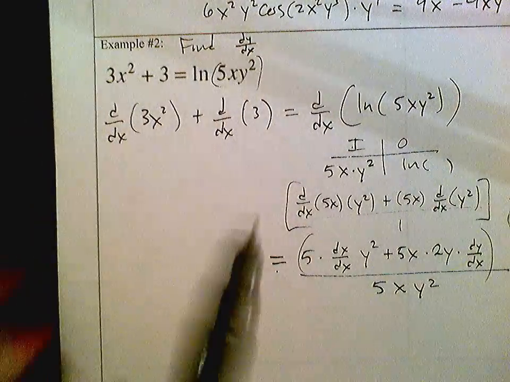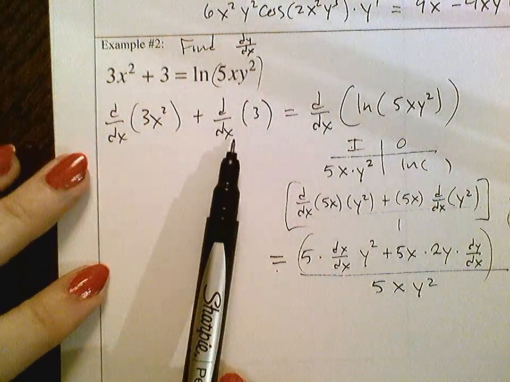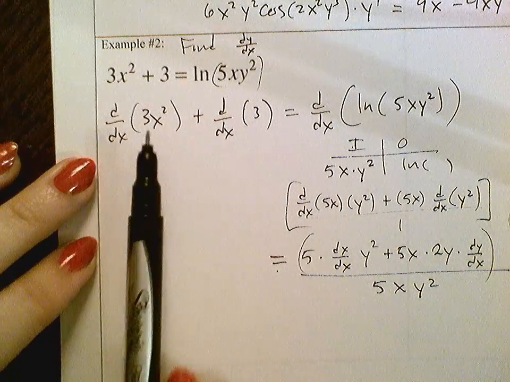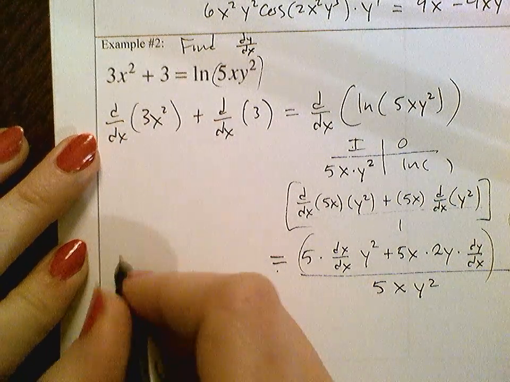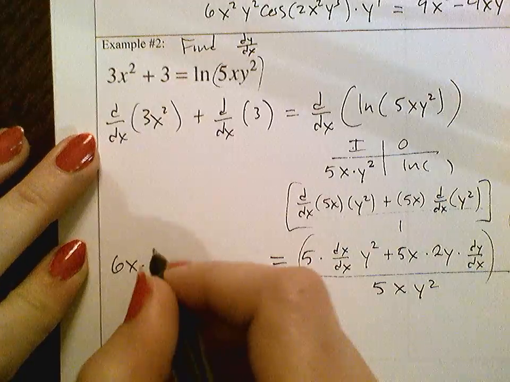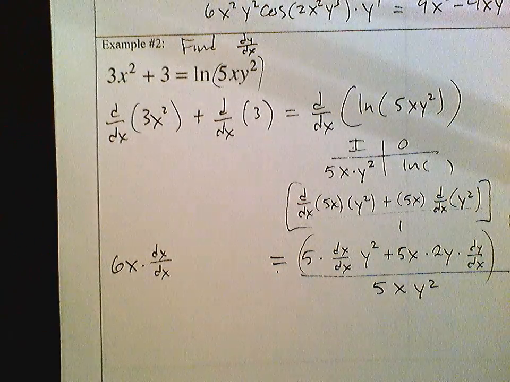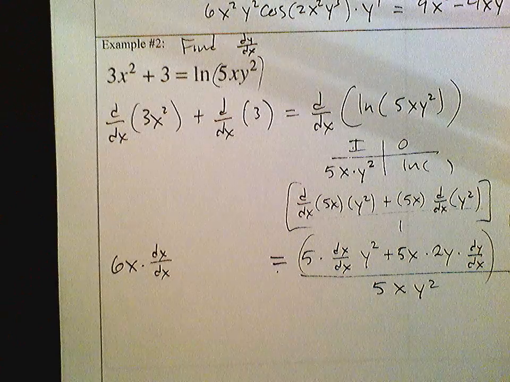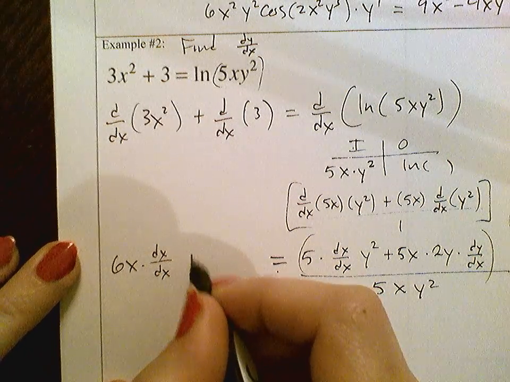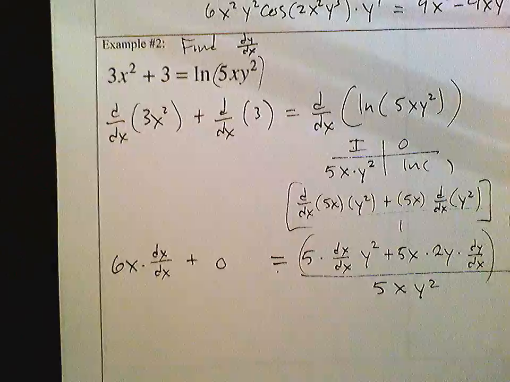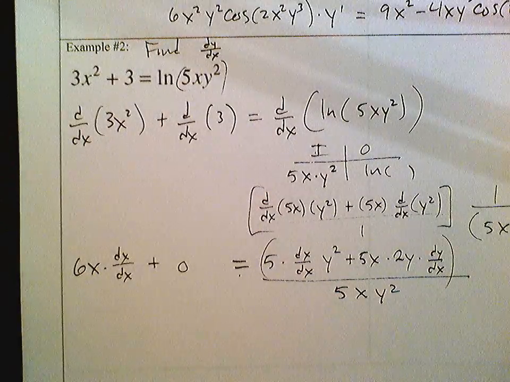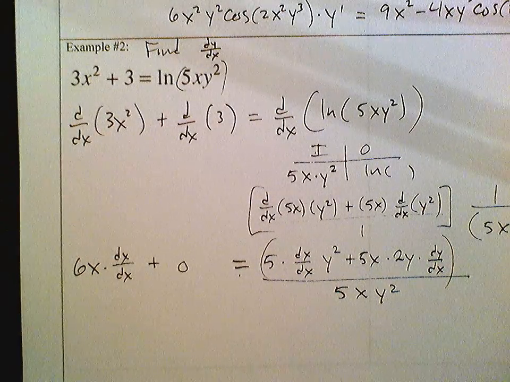Okay, now I'm ready to do the derivative of this side, which was pretty simple. So the derivative of 3x squared is 6x, and then implicit differentiation, so always times the derivative of the variable, plus 0. Now, you go through, if you see a dx, that is just a 1.